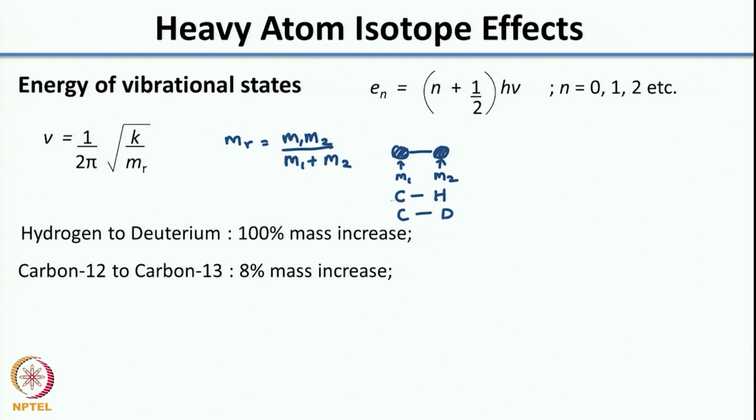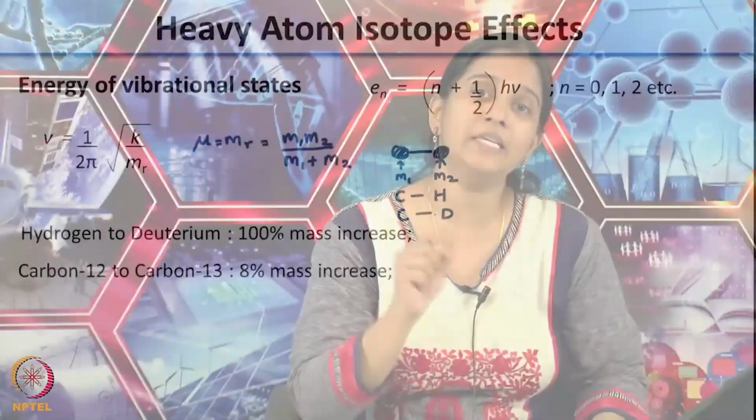So your M1 would correspond to mass of carbon and M2 would correspond to either mass of hydrogen or mass of deuterium. So can you quickly calculate the reduced mass, also sometimes denoted as mu, for these two, CH versus CD. So you can press the pause button on the screen and go ahead and calculate the reduced mass. You can assume the C12 isotope of carbon.